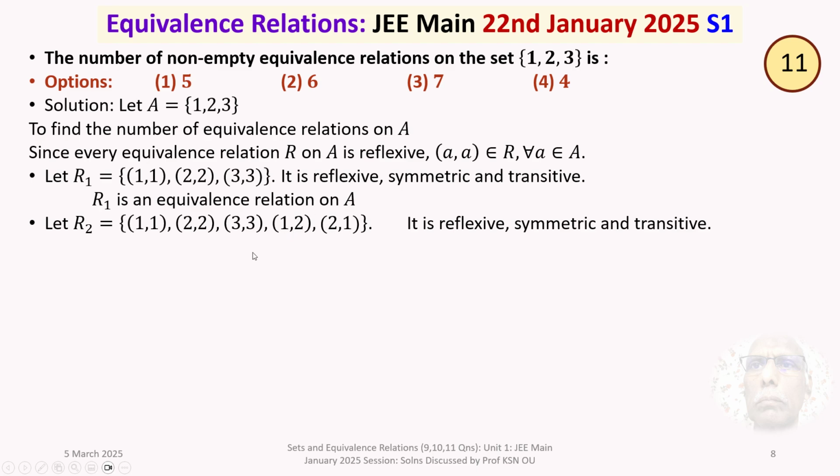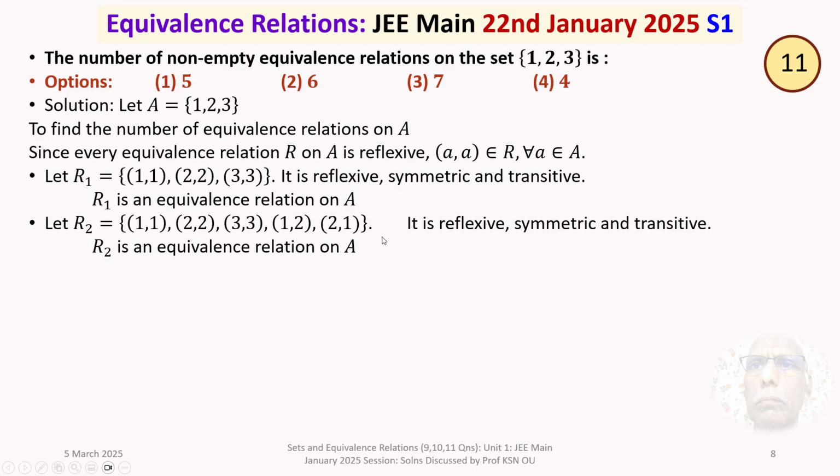Now test for transitivity: whenever (a, b) and (b, c) belong to R, then (a, c) belongs to R. Transitivity is also satisfied, so it is an equivalence relation on A.